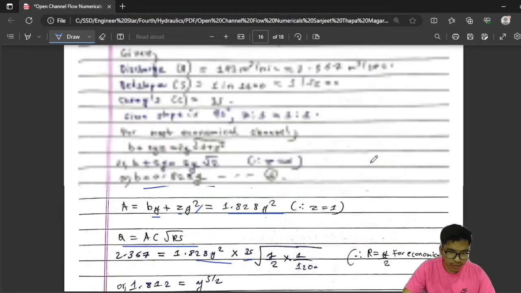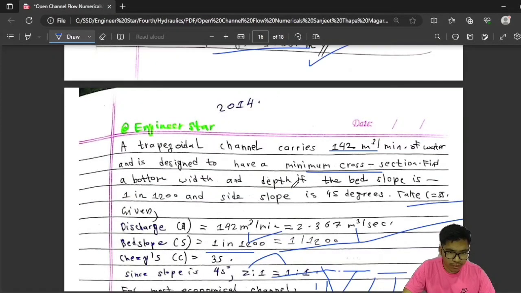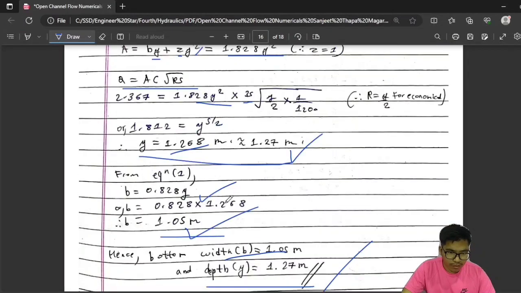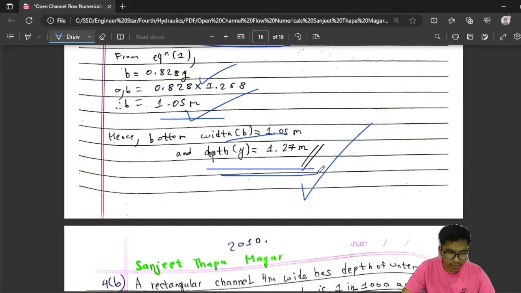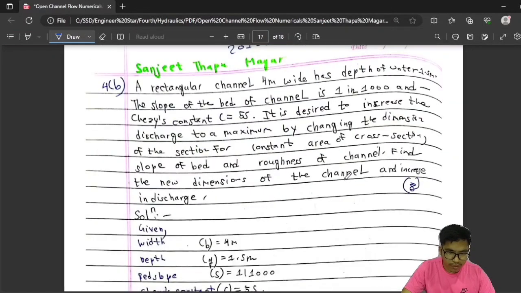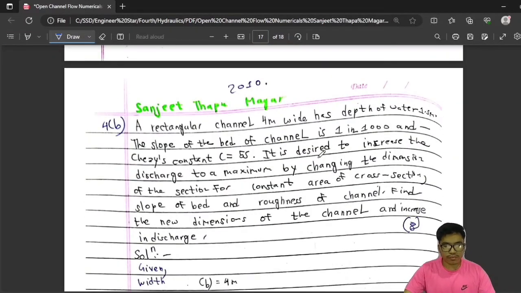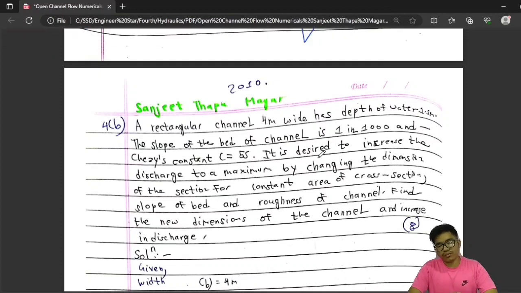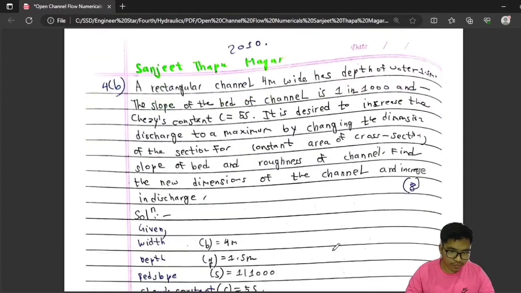So we needed to calculate the bottom width and depth. This is the last question, which was asked in 2010 in 8 marks. A rectangular channel, rectangular means this.